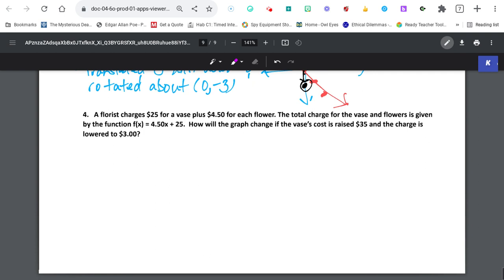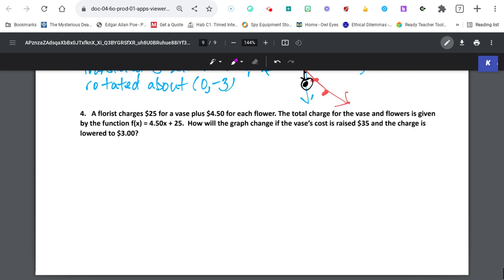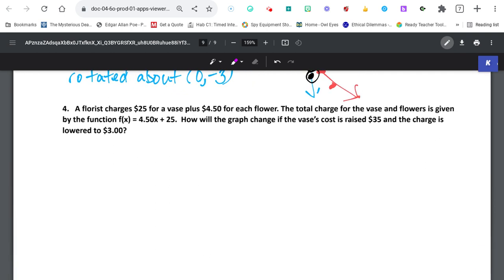Let's take a look at 4. It says a florist charges $25 for a vase plus $4.50 for each flower. The total charge for the vase and flowers is given by this function.